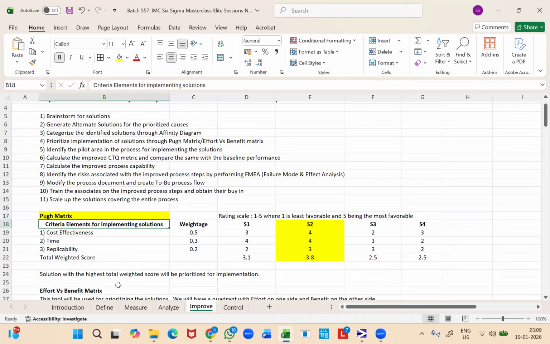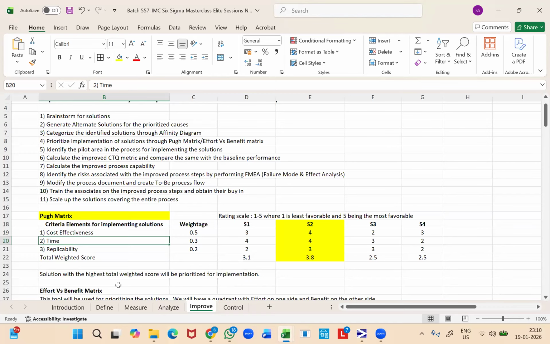So as far as I am concerned, I will definitely look at the cost effectiveness, whether the identified solutions are cost effective. That is number one. And number two, I will also look at the timelines for implementing the solution, how quickly the solution can be implemented, right?